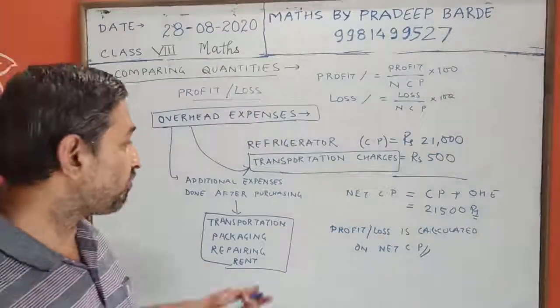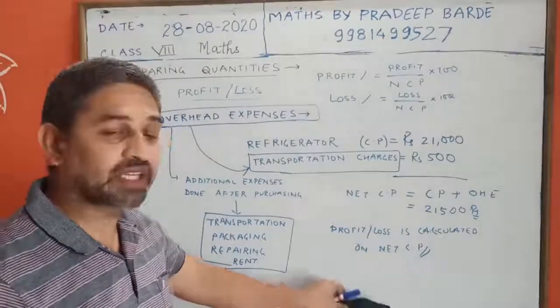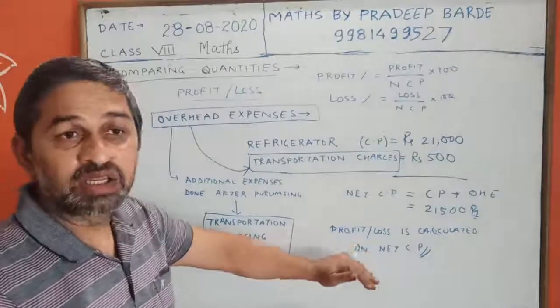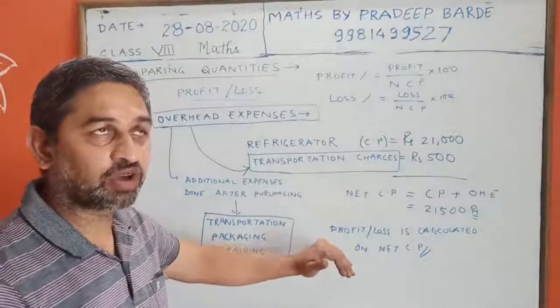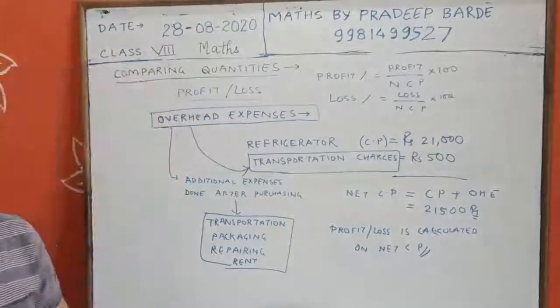Right? So when we have some overhead expenses, the profit and loss is calculated on the net cost price, not on the actual cost price. Okay, just note it down.